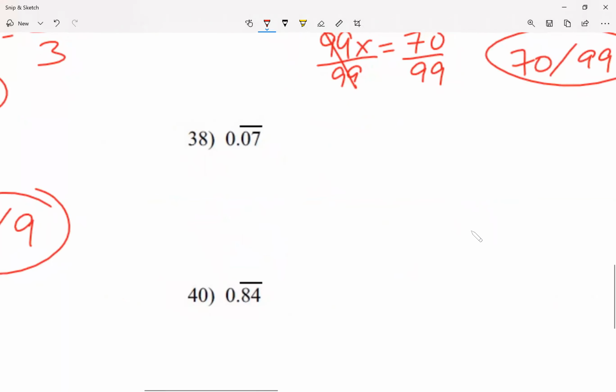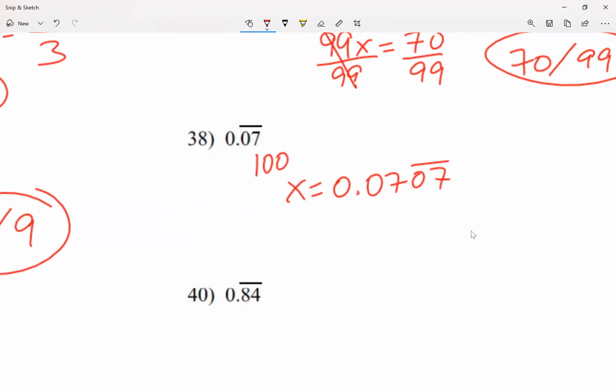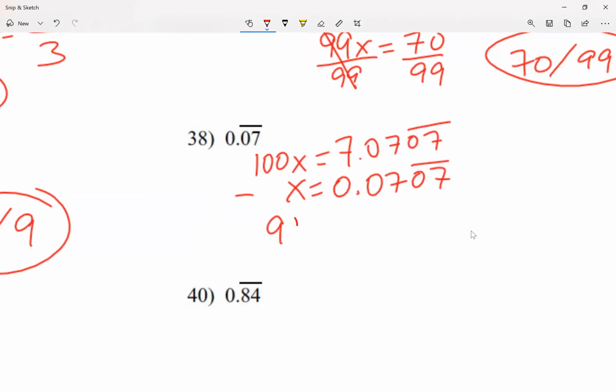All right, so let's take a look at 38. I have that 1x is equal to 0.0707 on and on. Two numbers keep on repeating, so let me multiply this by 100. So I get 100x is equal to 7.070707 on and on. Let me subtract this, so I get that 99x, right? Because 100x minus 1x.